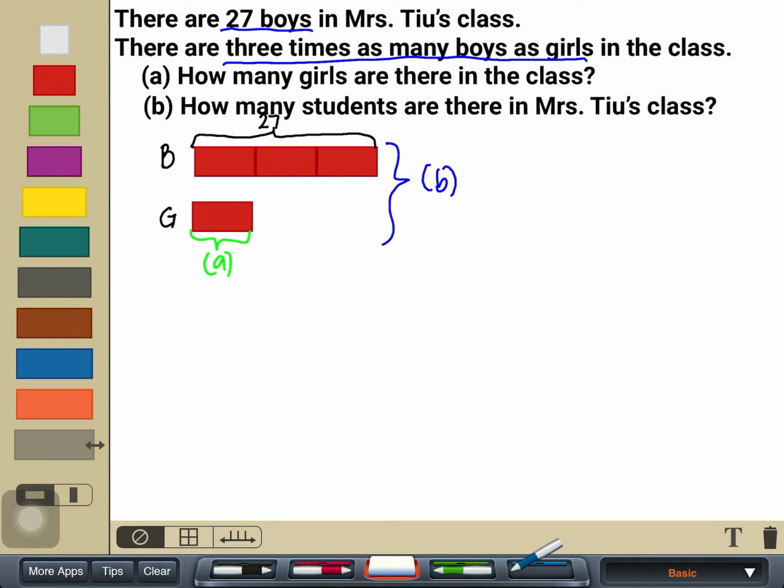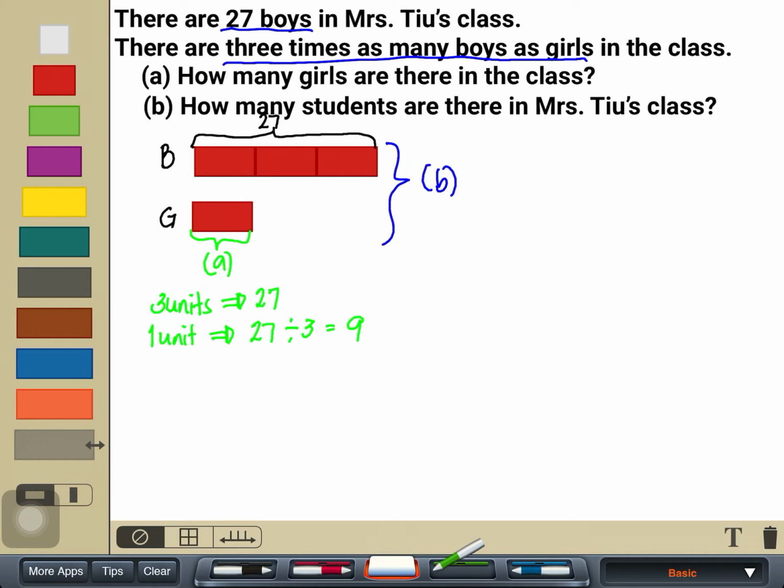So how are we going to find 1 unit? It is simply dividing the 27 into 3 units. So let me just write here 3 units is 27. Therefore, 1 unit is now 27 divided by 3, which is equal to 9.